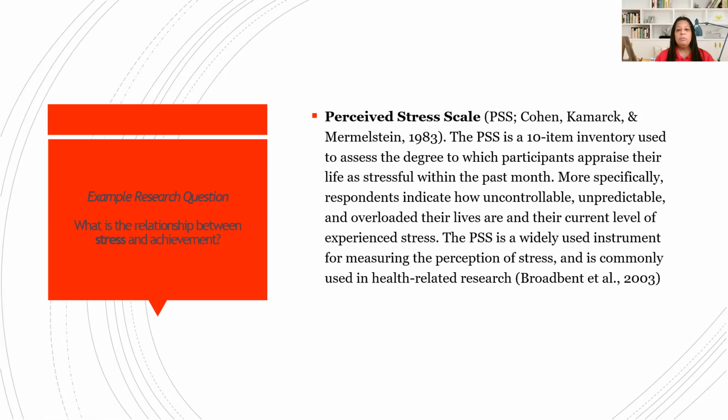More specifically, the respondents indicate how uncontrollable, unpredictable, or overloaded their lives are and their current level of experienced stress. The PSS is a widely used instrument for measuring the perception of stress and is commonly used in health-related research. So if this was an instrument you were using, you would include all of this information on that instrument.